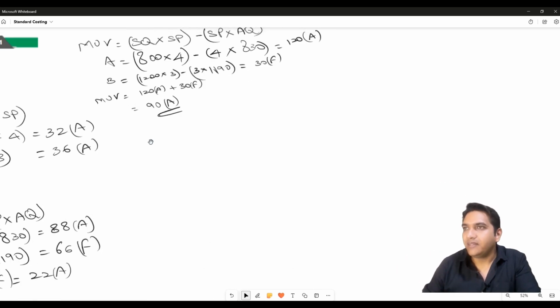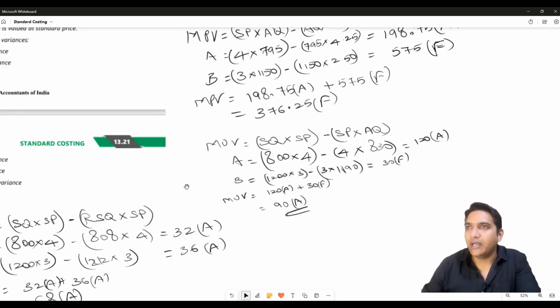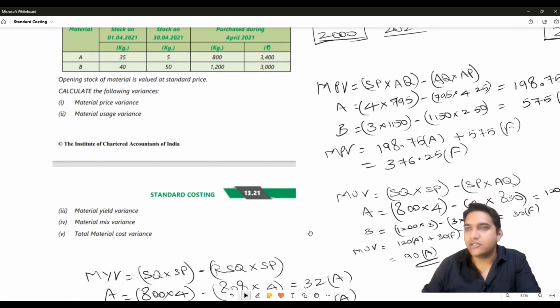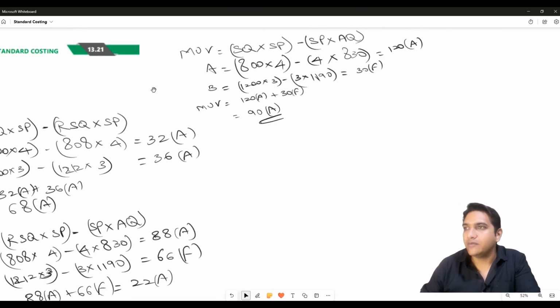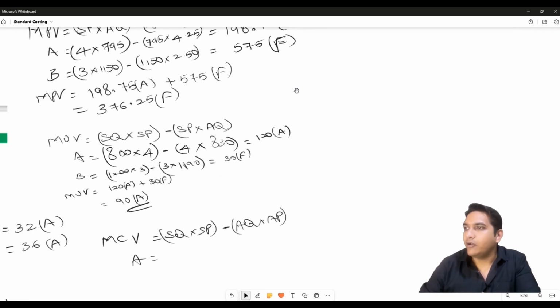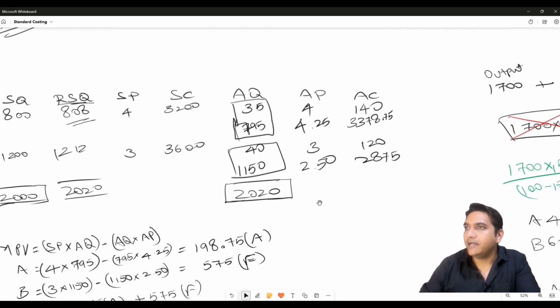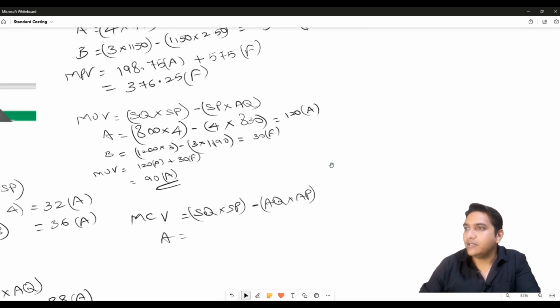Now, we are left with one last variance, which is the total material cost variance. Material cost variance is equal to standard quantity multiplied by standard price minus actual quantity multiplied by actual price. For A, we have already calculated the standard cost, which is 3200.